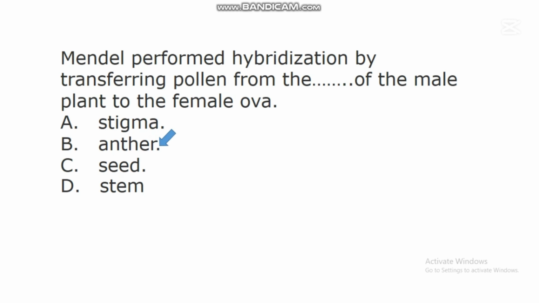He did a genetic study, or genetic research, and during his research, he performed hybridization by transferring pollen from the anther of the plant he worked with to the female ova, or to the stigma of the plants, in order to get offspring. So this scientist is one of the great scientists that contributed immensely in the field of genetics.